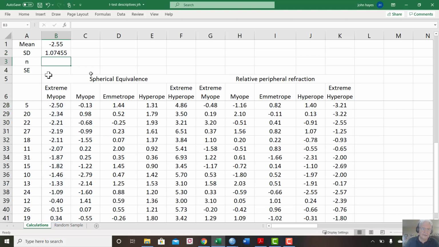So the formula for the standard deviation, what that function does is it is the square root of... it's kind of hard to do this in Excel like that.